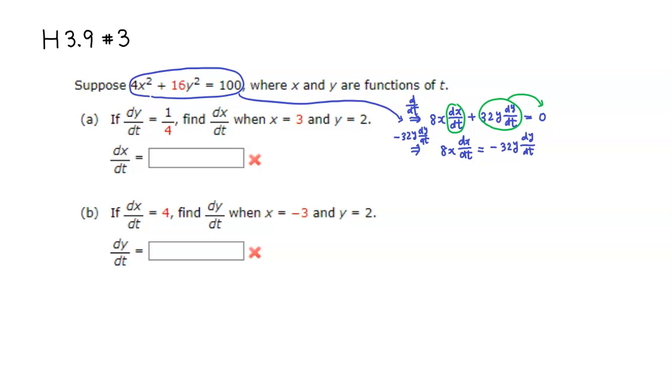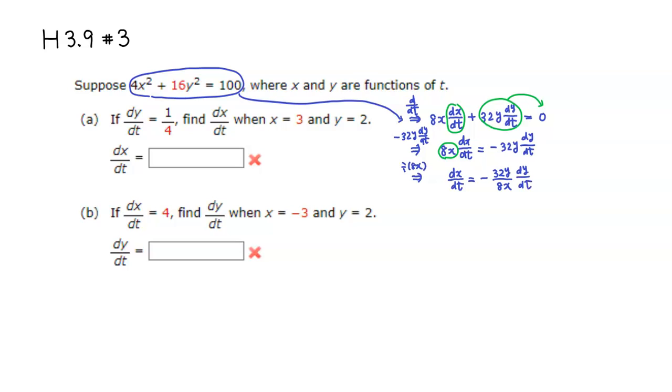Then we need to eliminate 8x here, so I'm going to divide through by 8x. So we have dx over dt all by itself, equal to negative 32y over 8x times dy over dt.